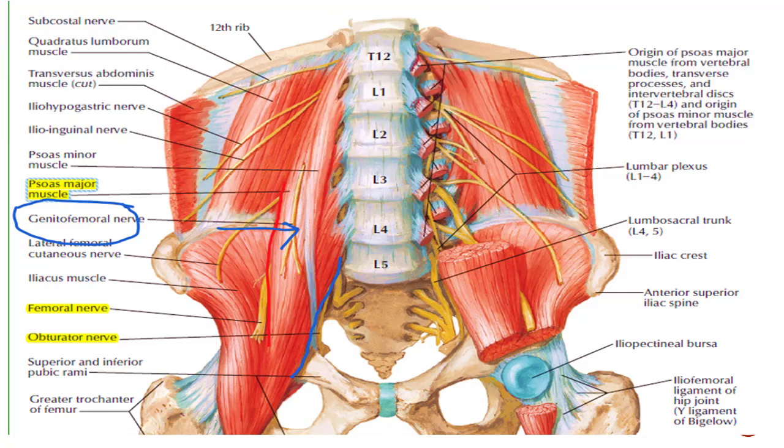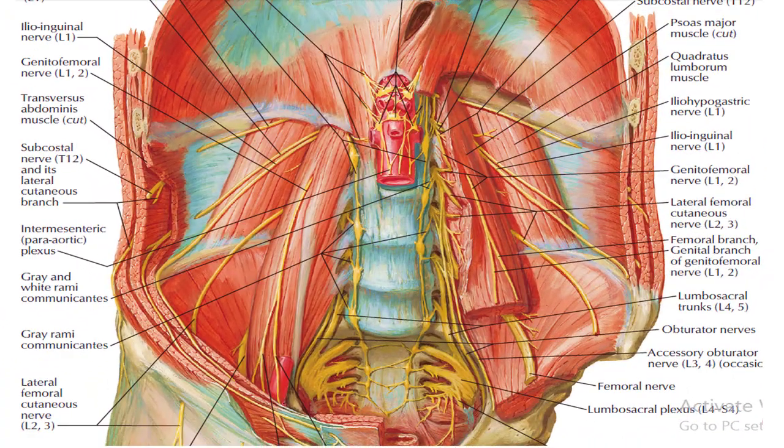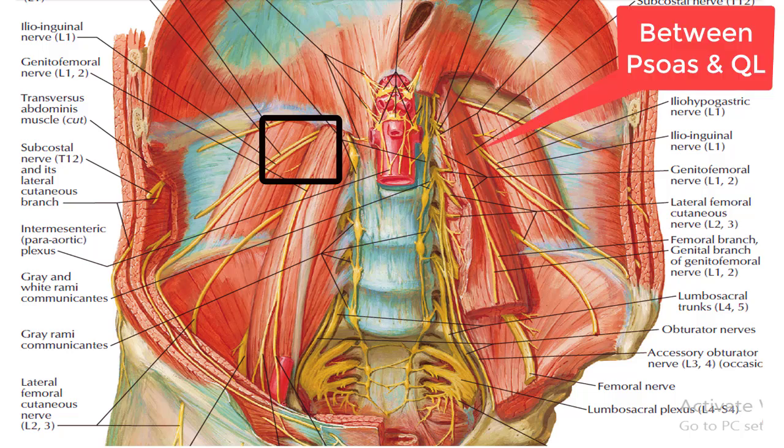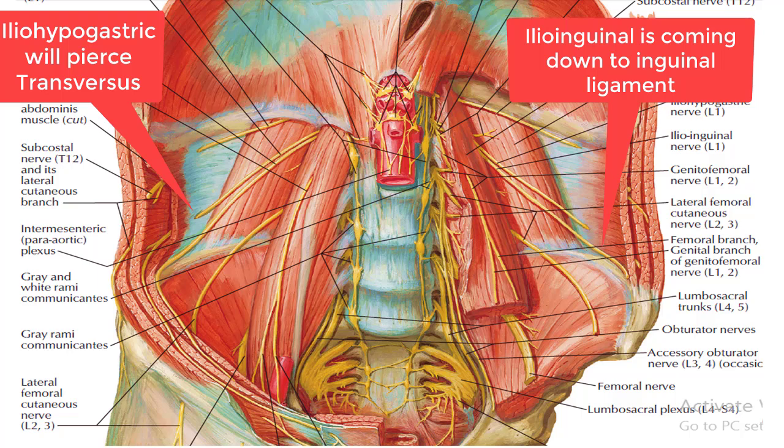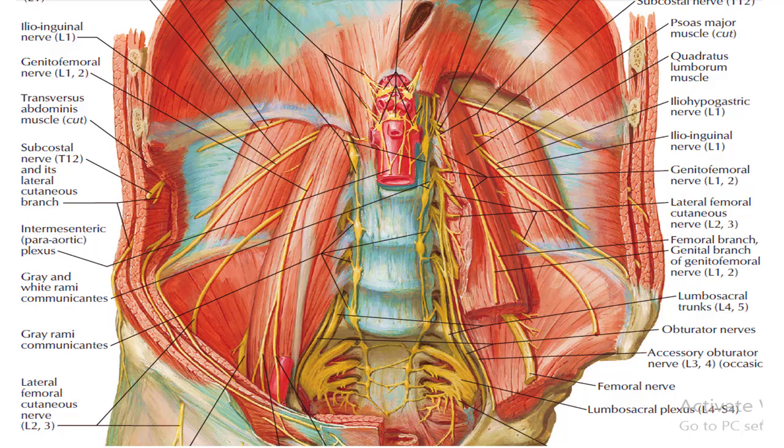So regarding the iliohypogastric and ilioinguinal nerves, remember these nerves are present in a gap in the upper surface between the quadratus lumborum and psoas muscle. The nerve that will pierce the transversus abdominis will be the iliohypogastric. A nerve that is coming down towards the inguinal ligament will be the ilioinguinal nerve.